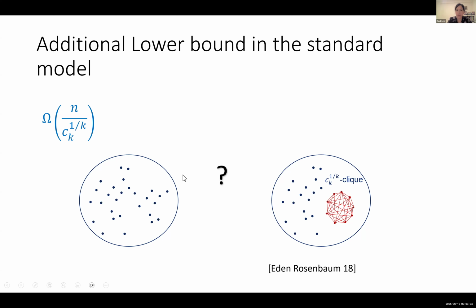It argues that we cannot distinguish the empty graph from a graph that has a clique of size ck to the power of 1 over k. And therefore, we cannot approximately count the number of k cycles unless we take this many queries, because if we don't take this many queries, we don't have a chance to hit the clique.